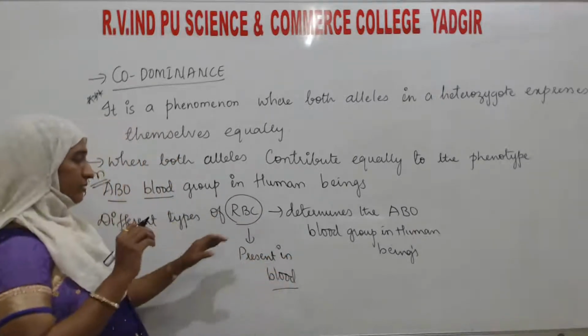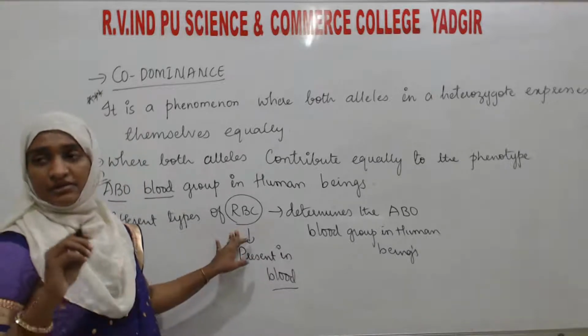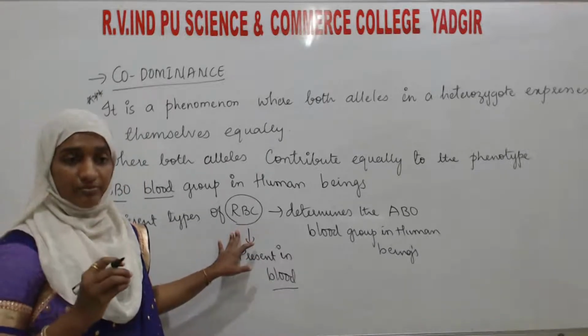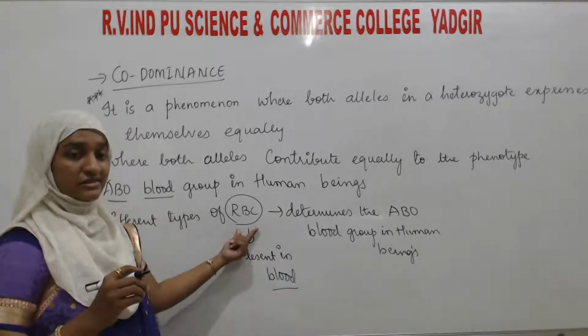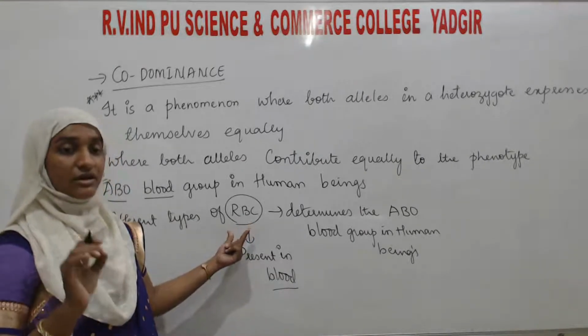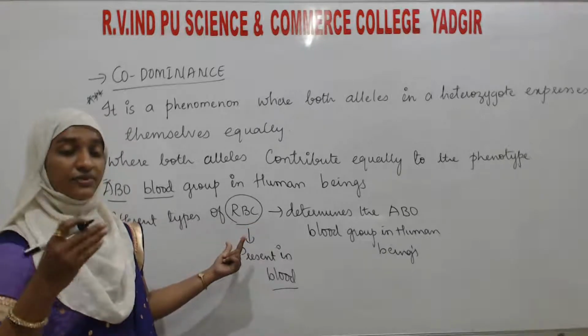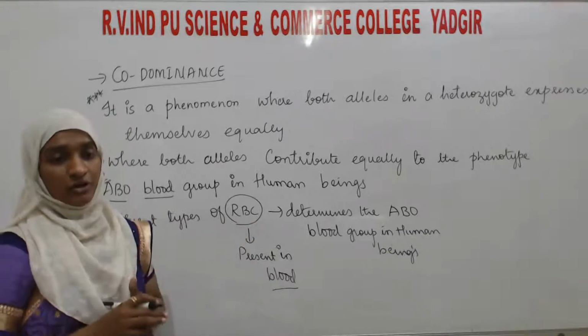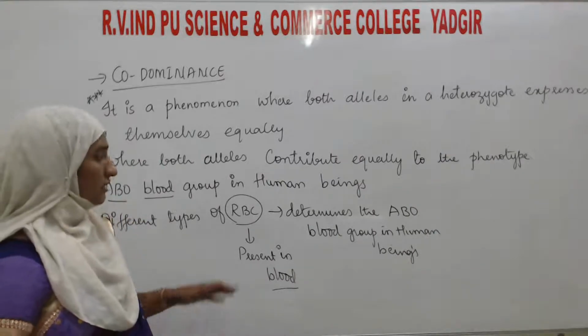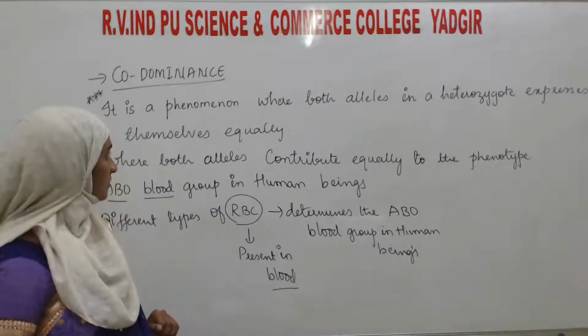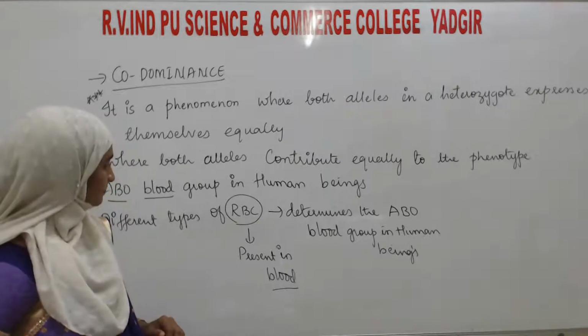You know what red blood cells are? These are the main component of the blood, and these are the only cells which are responsible for the different types of blood groups in human beings. How? Let's see here. This ABO blood group, I will explain here.